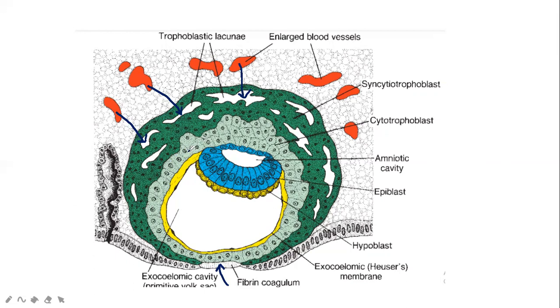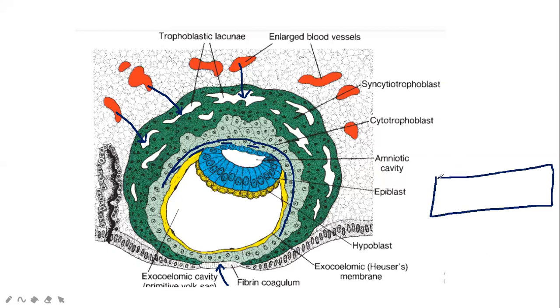So with time, for us to form the definitive barrier, we will have what we call the extra embryonic mesoderm, just outside. So we have these layers. Number one is the extra embryonic mesoderm. Number two is the cytotrophoblast.